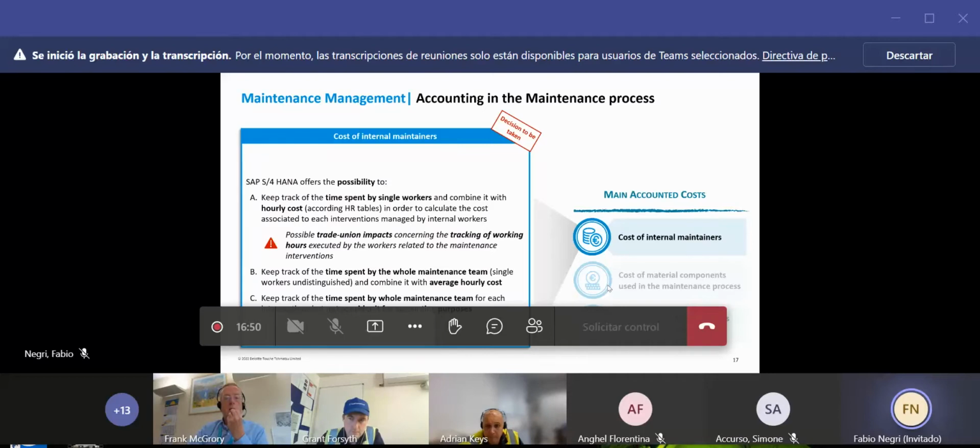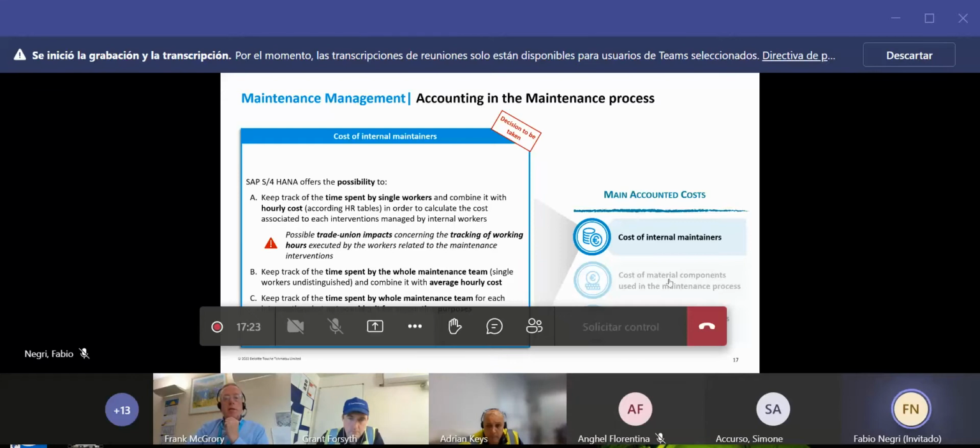On the form of the maintenance intervention, the worker should state how much time they have spent on the intervention. This information is usable from the system because it's stated on the maintenance interventions. Then we can have the possibility to track name and surname, or to track general hours from the whole team. So yes, it's a choice that we should take.